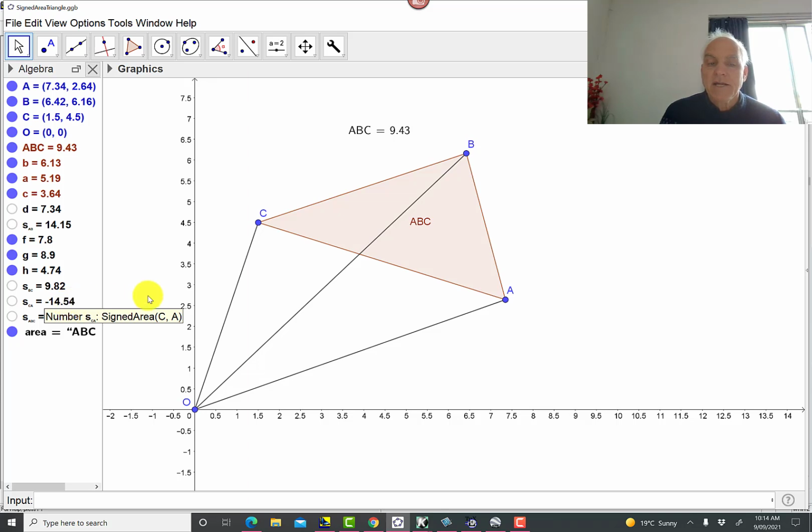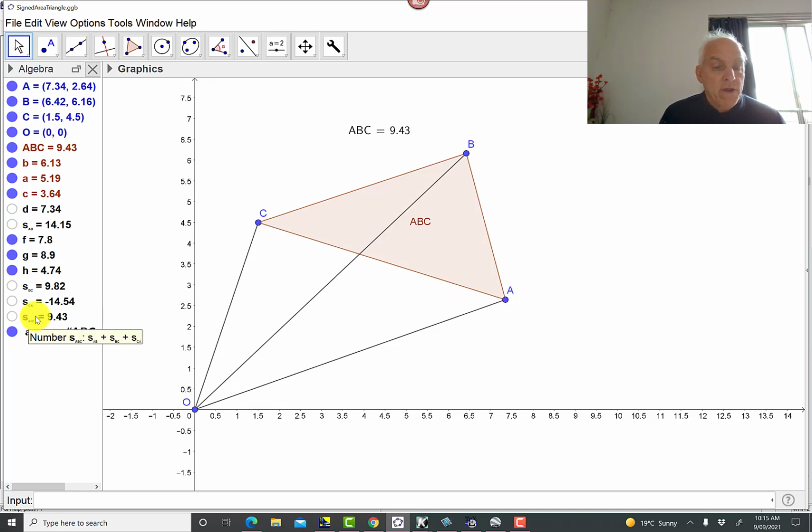That's the signed area of this oriented edge from C to A. So we have three oriented edges, and they each have signed areas. The third is the signed area of this triangle going in the negative direction because we're starting from C and going to A.